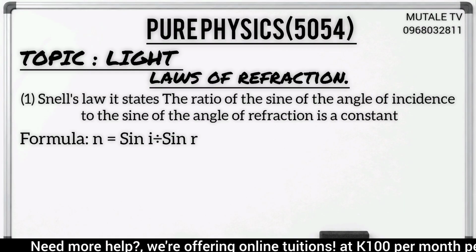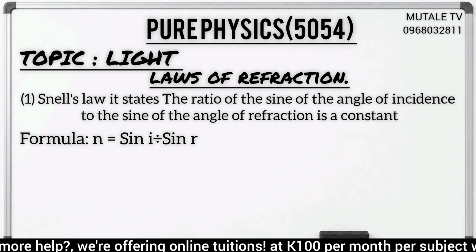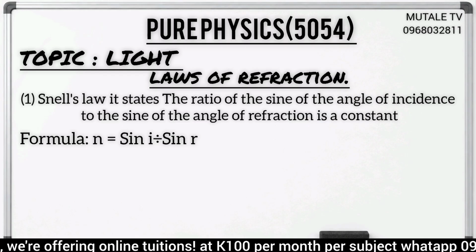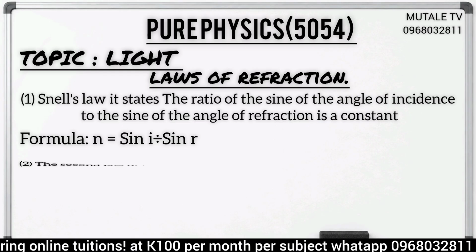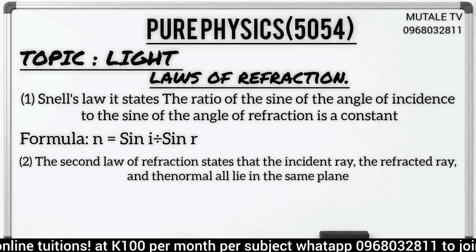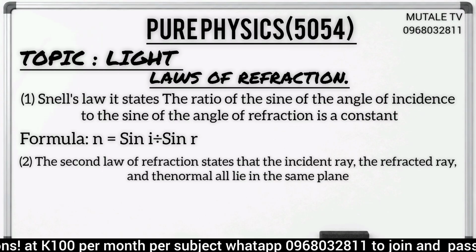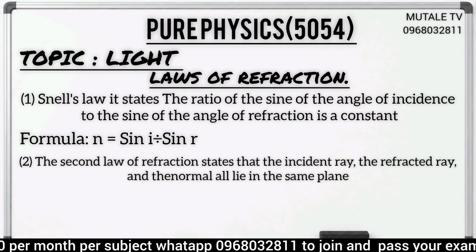Some typical refractive index values are worth remembering. For example, water has 1.3, glass has 1.52, and diamond has 2.42. The second law of refraction states that the incident ray, the refracted ray, and the normal all lie in the same plane.